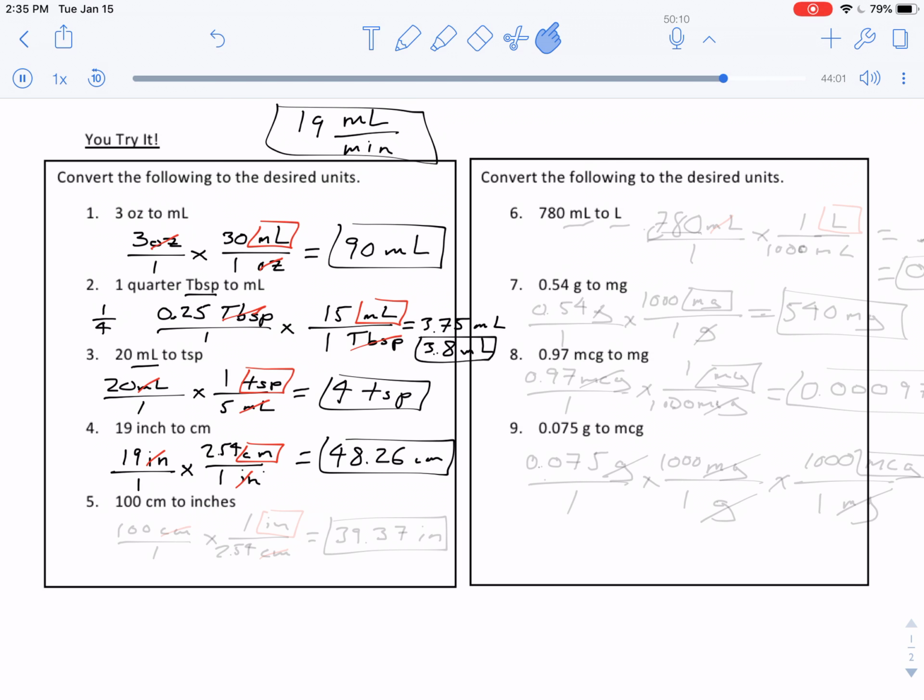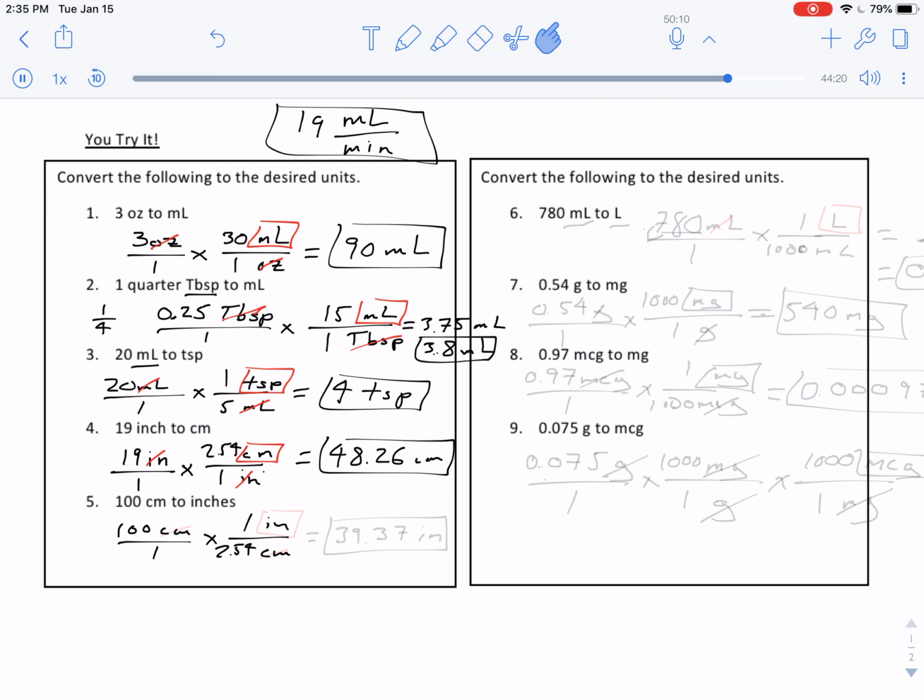So now let's convert 100 centimeters to inches. I'm converting that to inches, so I'm going to have centimeters on the bottom, inches on the top. For it to cancel, again, there's 2.54 centimeters and 1 inch.